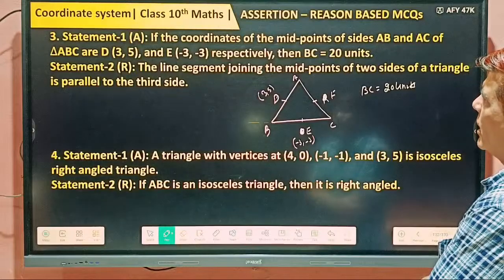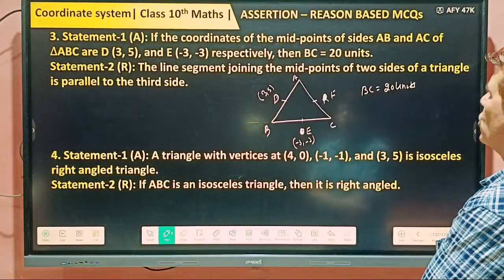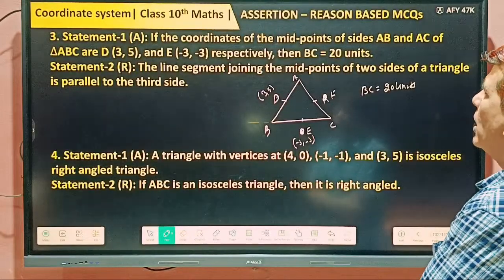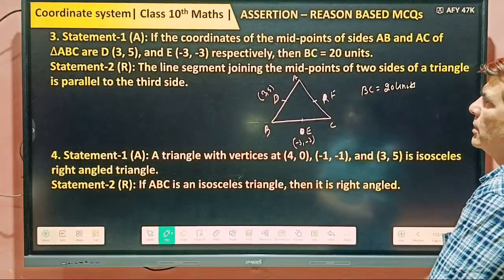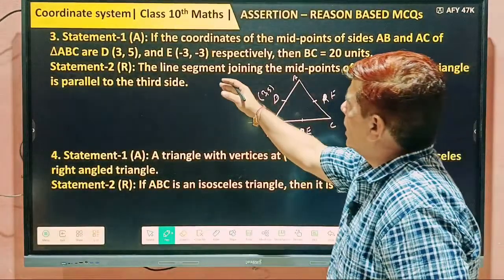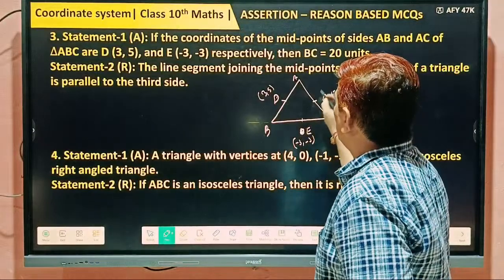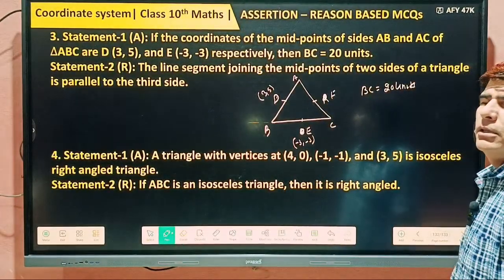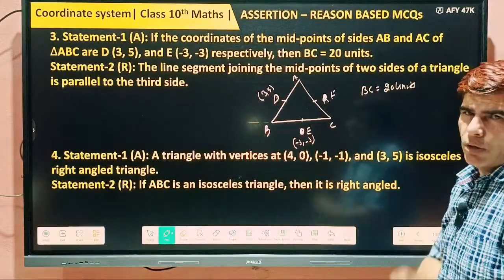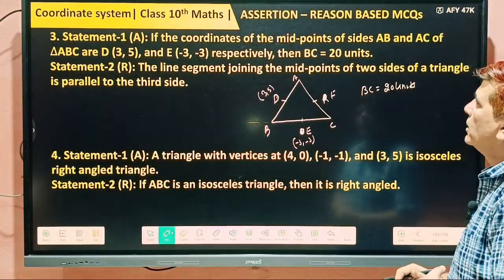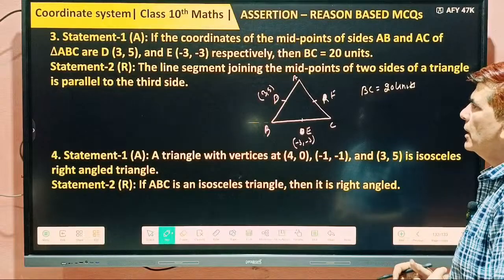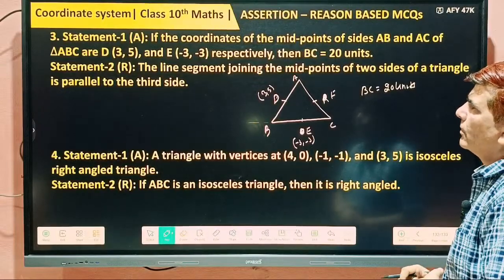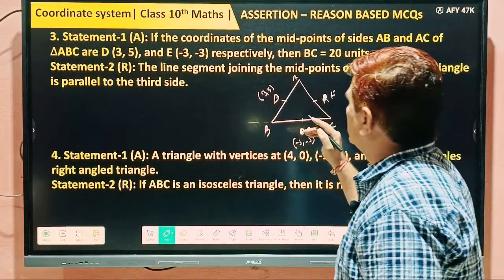The line segment joining the midpoints of two sides of a triangle is parallel to the third side. This is the theorem. So what can we say?